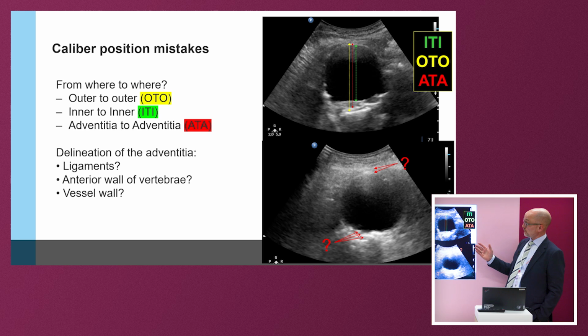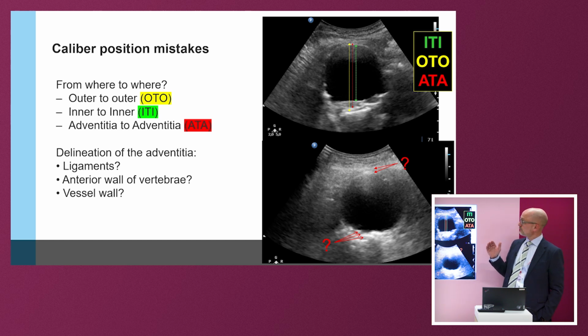Another common mistake is where to put the calipers. Should it be outer to outer? Should it be inner to inner? Adventitia to adventitia? I think the most important thing is to find a method that is reproducible and then agree that you do the same each time in your institution.